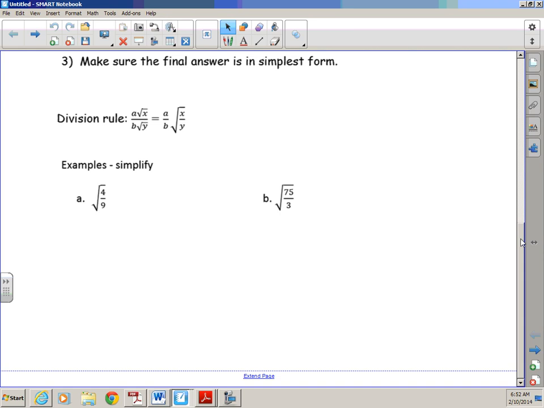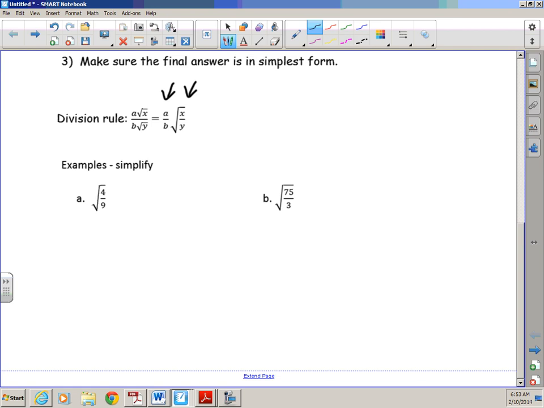Now, similar to what we did with multiplication, our division rule tells us that we can divide the coefficient parts, that's what A and B are, and then we can divide the radical parts. We can't mix up radicals and non-radicals. Let's talk about a couple of examples first. What we always want to do is see if we can either have or obtain perfect squares.